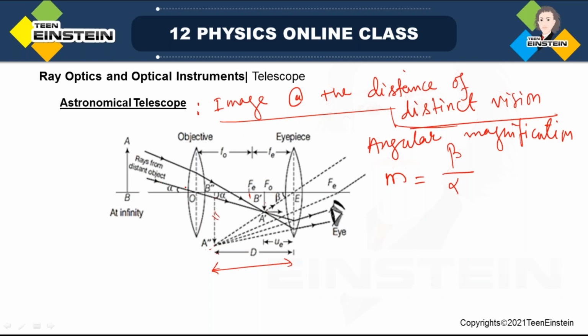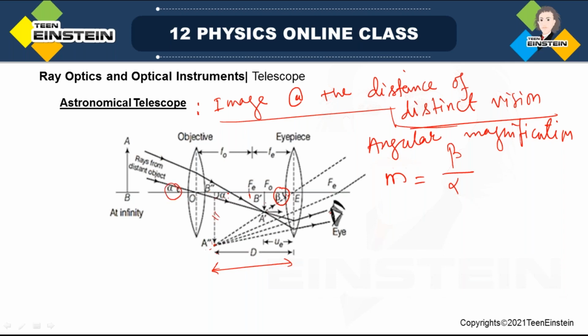If you take the ratio of these two angles, whatever angle this image makes, look, this is the image, and it makes an angle beta over here, and these are the rays, making an alpha over here.